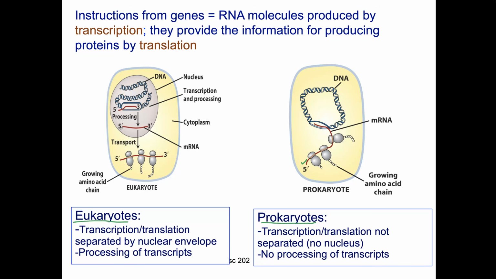So the mature messenger RNA is then transported specifically out of the nucleus into the cytoplasm, and it's out in the cytoplasm where the ribosomes bind and undergo the translation process. And so these processes are separated into different compartments, and eukaryotic cells can still respond to things fairly quickly, but there is a little bit of a delay because of the extra steps that have to take place.